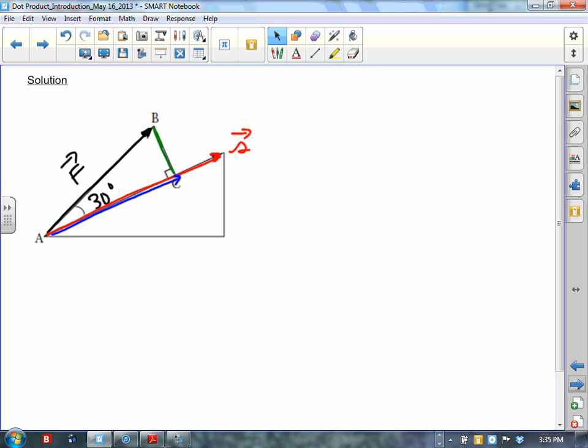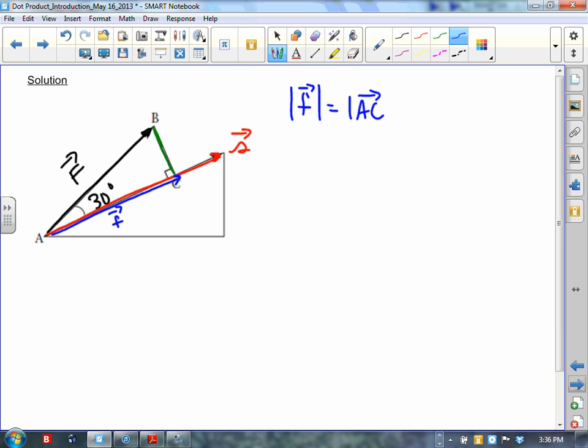In blue, if you will, this component that we have down here, let's use lowercase f, and that is a component vector to the vector F. So let's try to figure out what it is. For that vector f, we need its magnitude, and also AC.